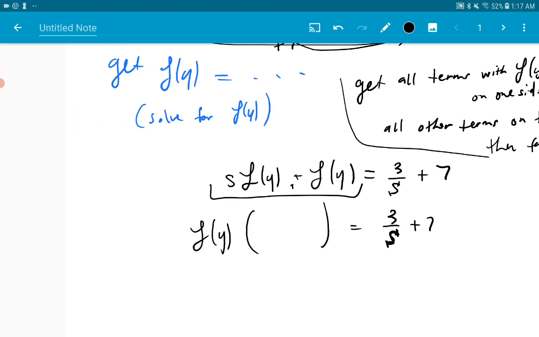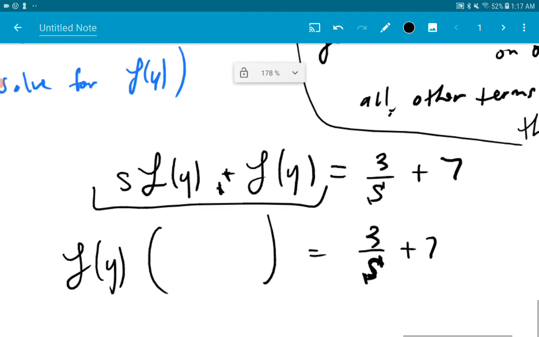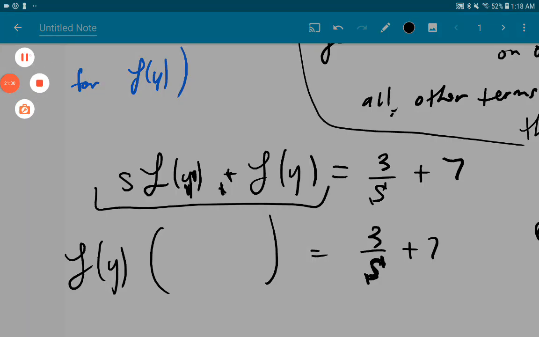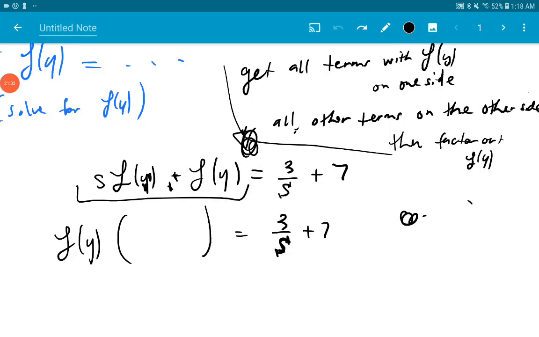This is also an S. Sorry about that. Pen stopped acting up. Give me a second. Okay, so what's left if I factor out L of y from both of these terms? Well, there's an S left in the first term. And what about the second term? A 1. Because that's the only thing in that term.